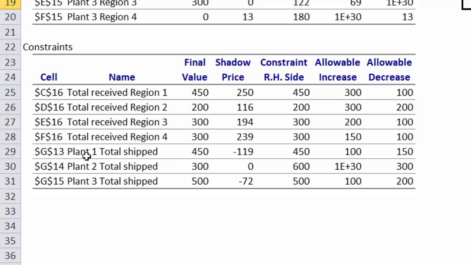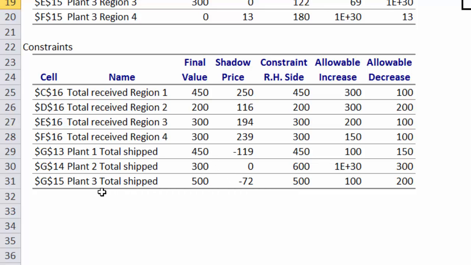And here for plant 1, if the capacity of plant 1 goes up by 1 unit, the shadow price, this being negative, shows us that the total shipping cost will go down by $119.